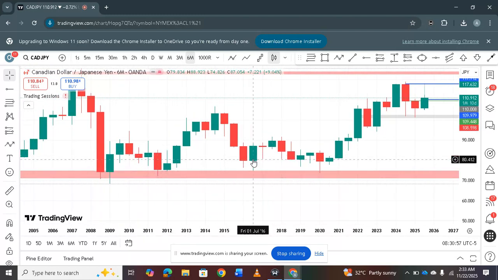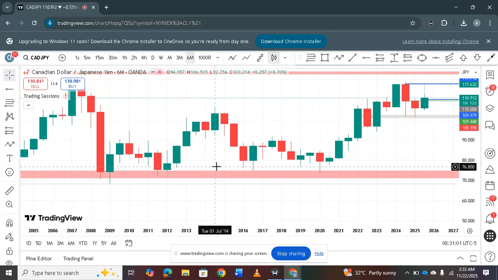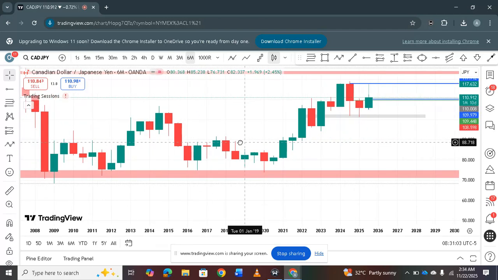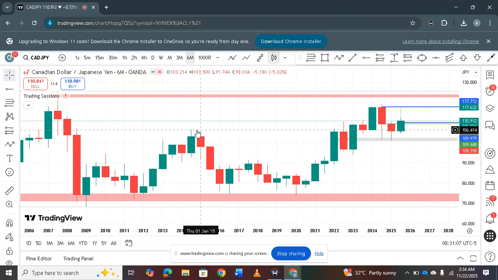This is 1, 2, 3, 4, telling us that the buyers are in this zone. They are very strong on this zone. And this was when we have a change of market structure.